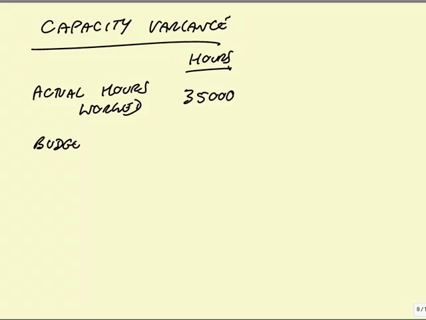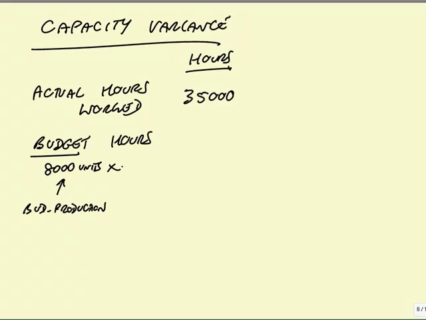It may just tell you a figure, in which case use it. But here he doesn't need to. He's told us how many we budget on producing, 8,000 units. The budget production. We know how many hours we budgeted for each unit. From the cost card it was 4 hours. Standard hours. And therefore, we thought we'd only have 32,000 hours.